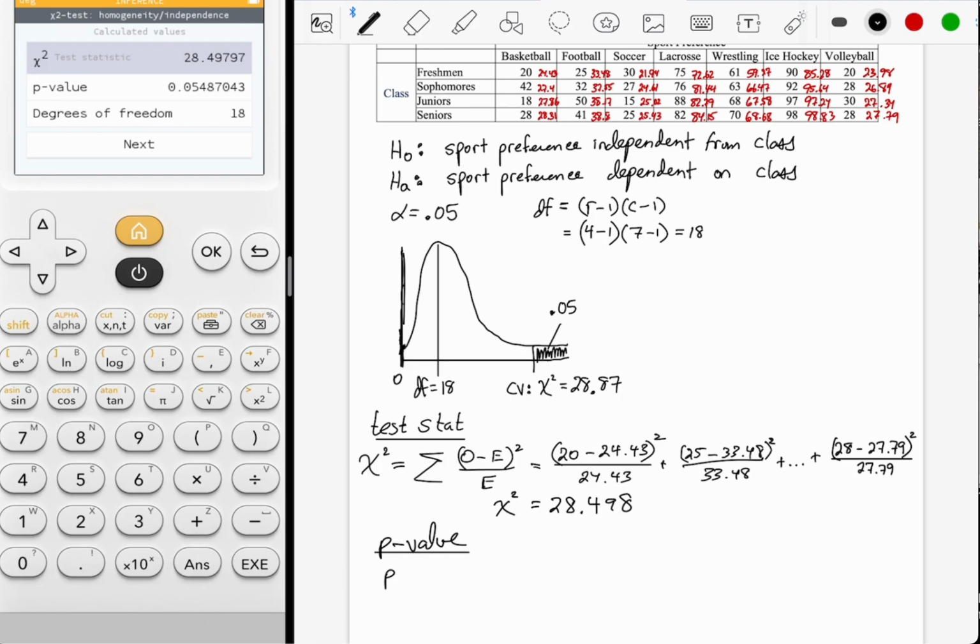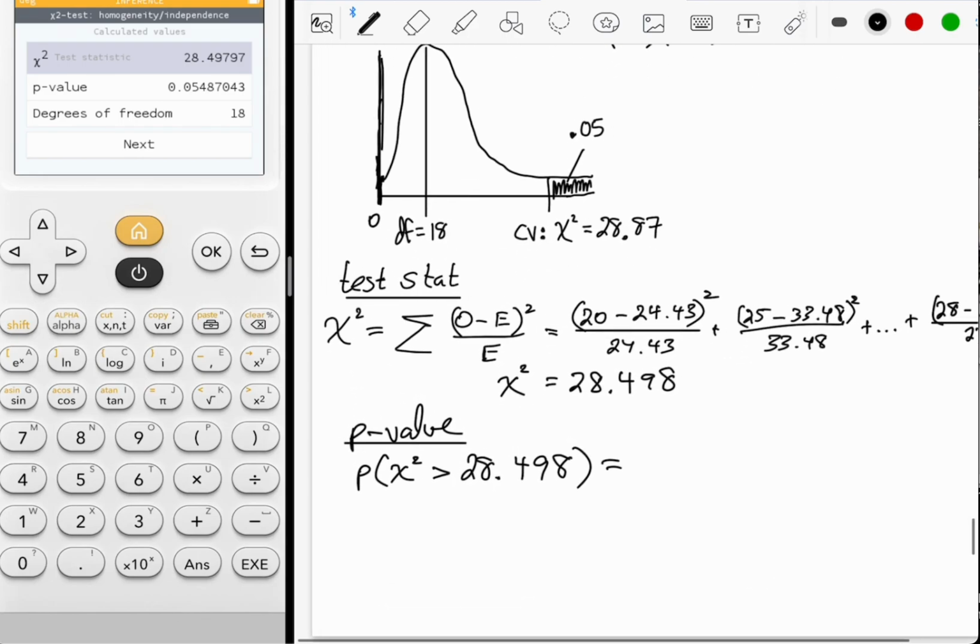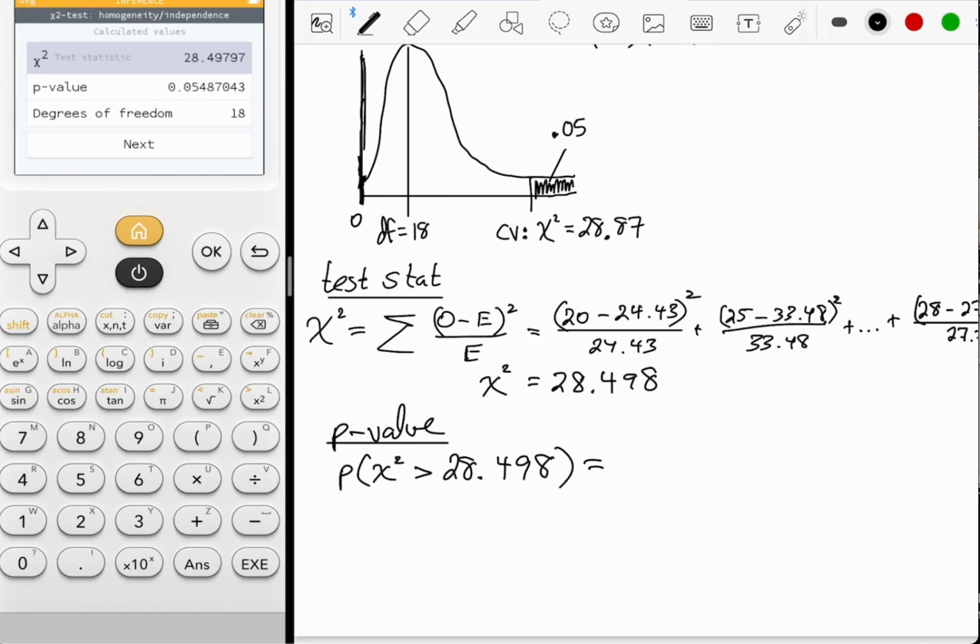So the probability that chi-squared is greater than, or at least as extreme as, this test statistic. We don't have to do any crunching in the toolbox. Just write down the number here, 0.0549.